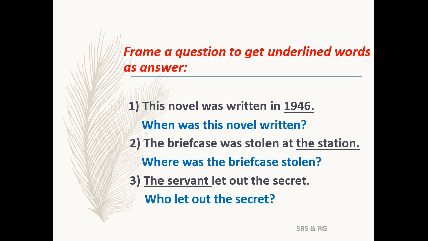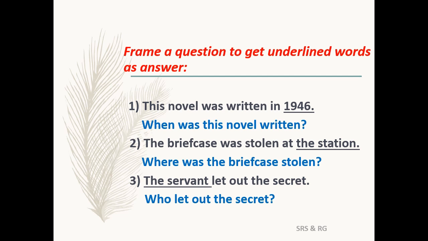The first example I would like to share with you is, this novel was written in 1946. Here, the underlined word 1946 refers to time. Whenever it comes to time, we should go for when. And in the second part, we have to go for the auxiliary verb, that is was.